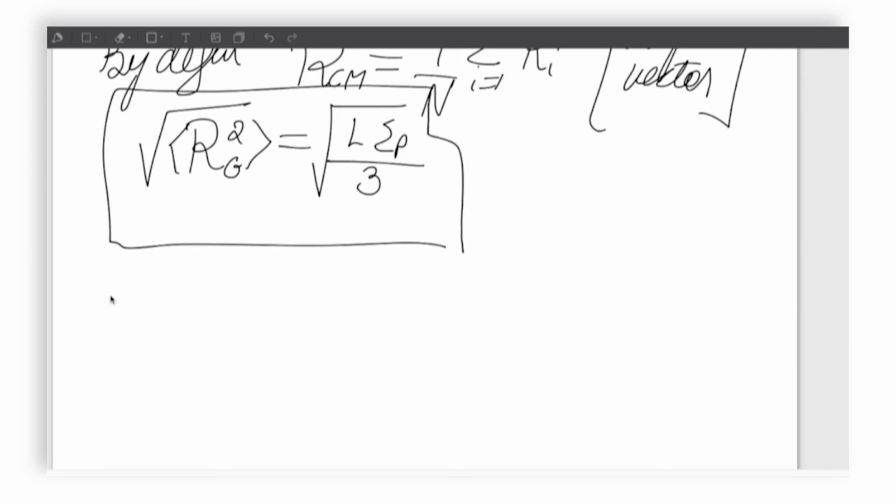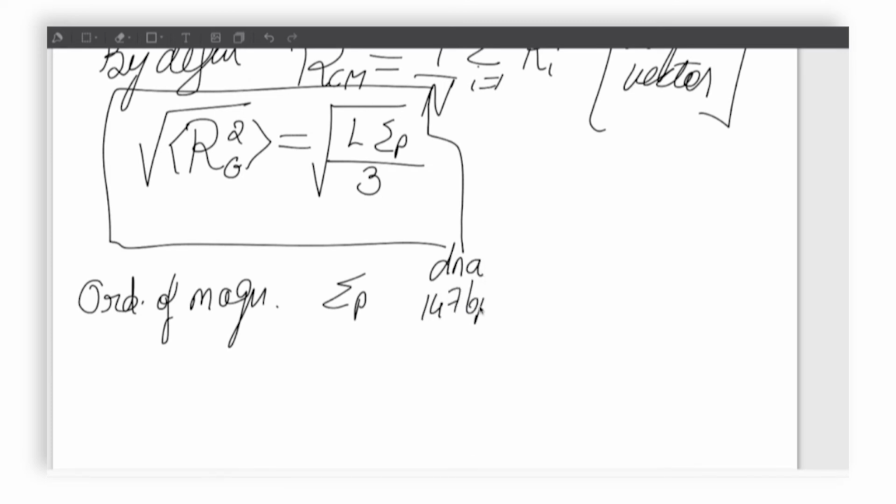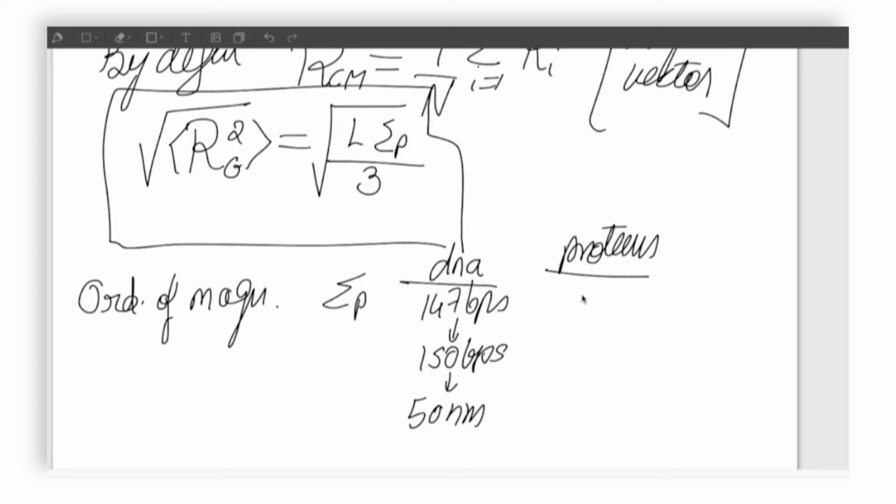In order to find some order of magnitude estimates of radius of gyration, we can use the fact that experimentally measured values of Cp for DNA are 147 base pairs, approximately 150 base pairs, which is approximately 50 nanometers. And for proteins, this is approximately a nanometer.